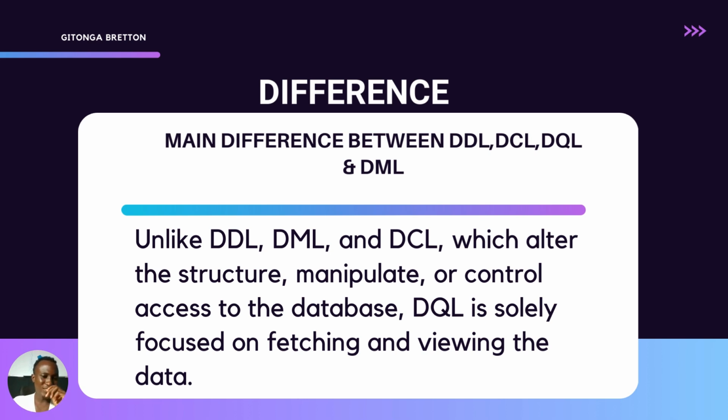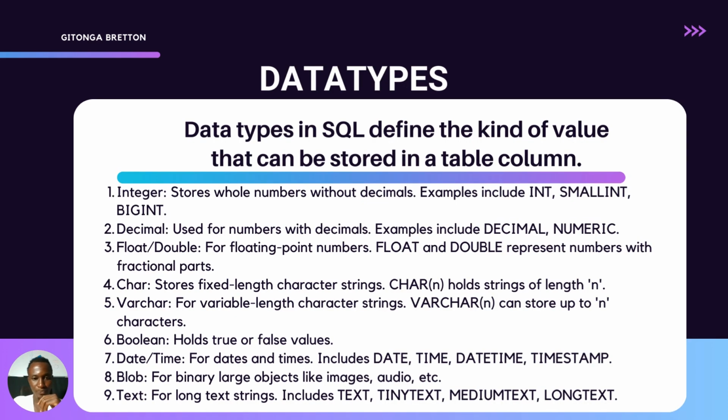If you do select all in a student table, you get all the records, and that is DQL. Select is in DQL. If you do an update of the record, you're manipulating the data or the structure in the database. But DQL is solely for fetching and viewing the data.